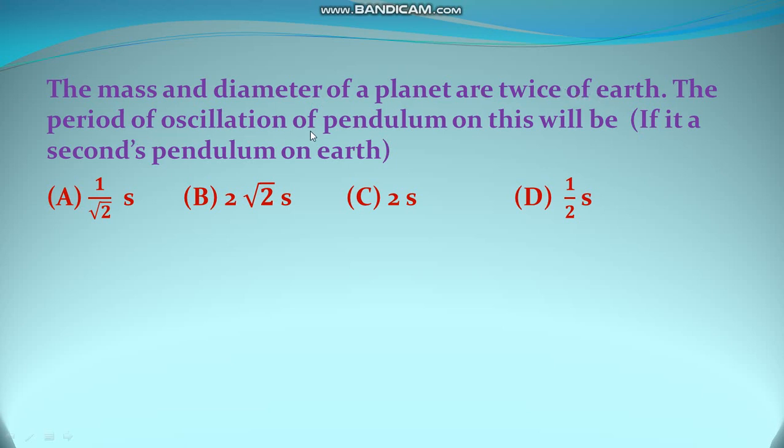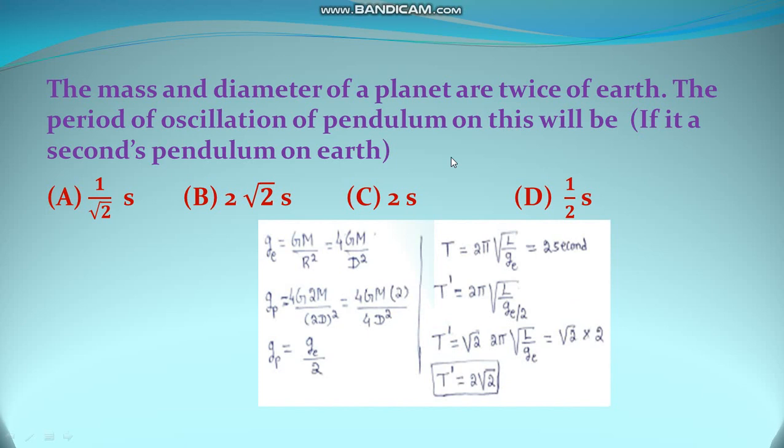The period of oscillation of a pendulum on this will be, yes, if we take D and M for Earth, then the planet has twice that of Earth. So for Earth, acceleration due to gravity is GM by r square, but r we write in terms of diameter, so that you are getting 4GM by D square.